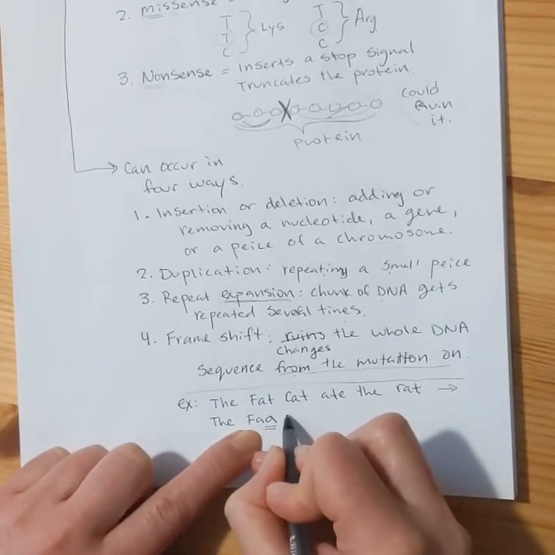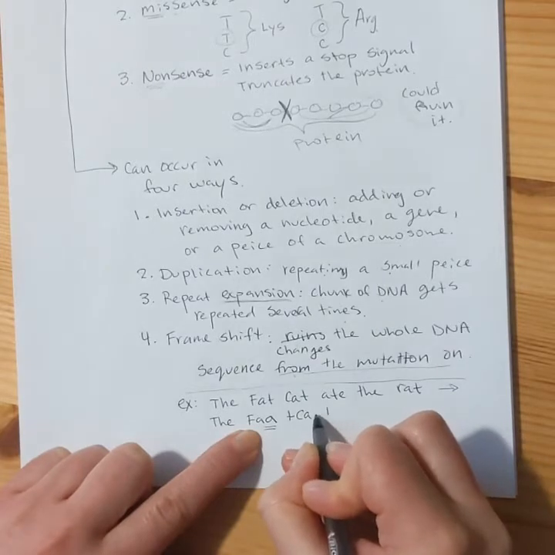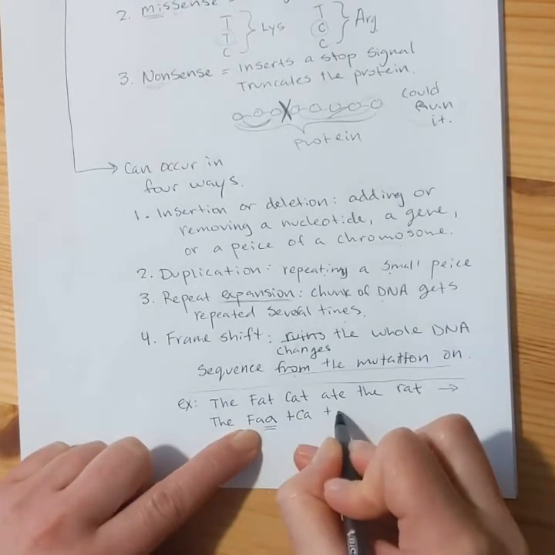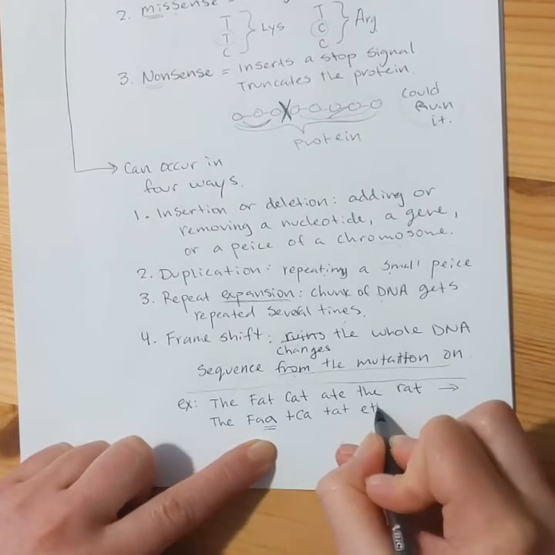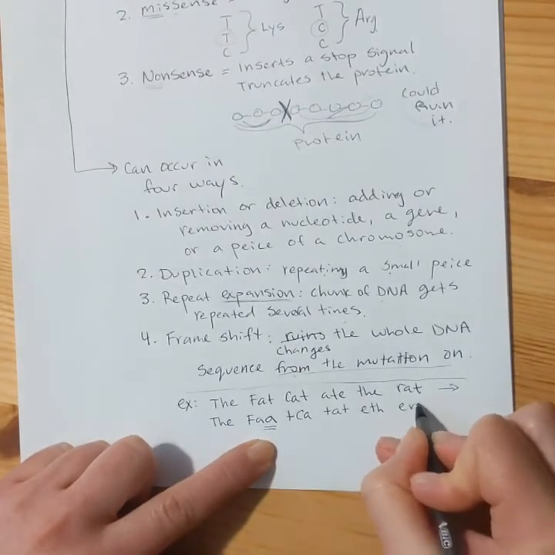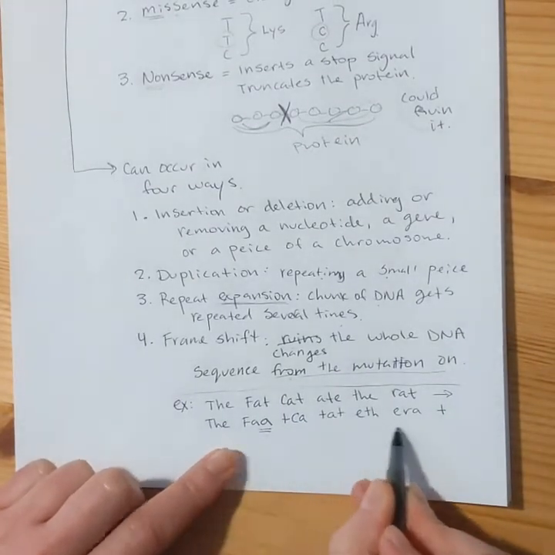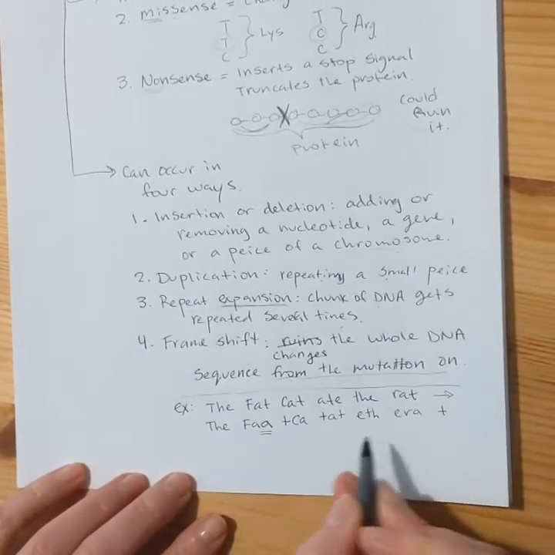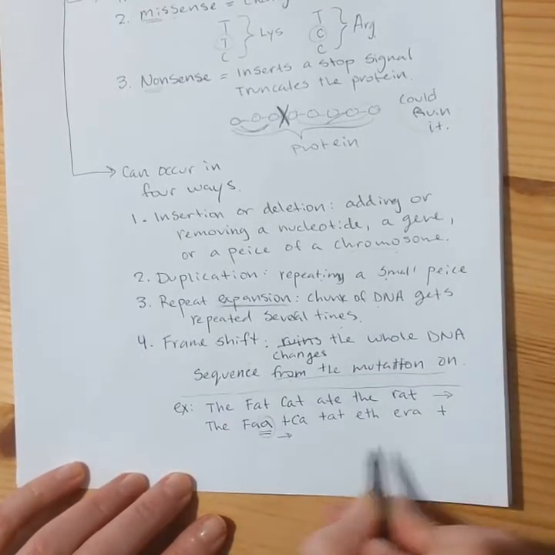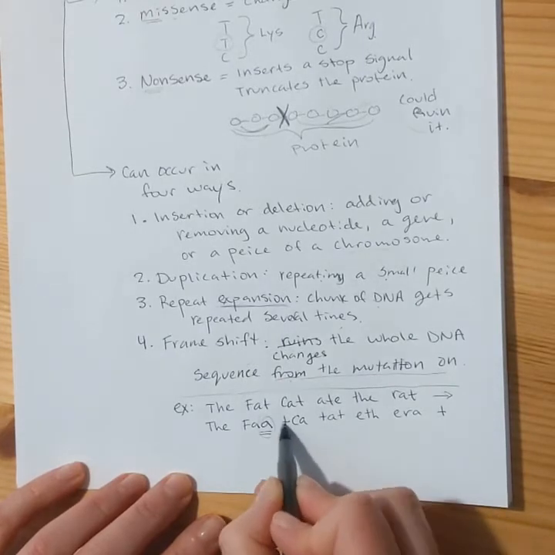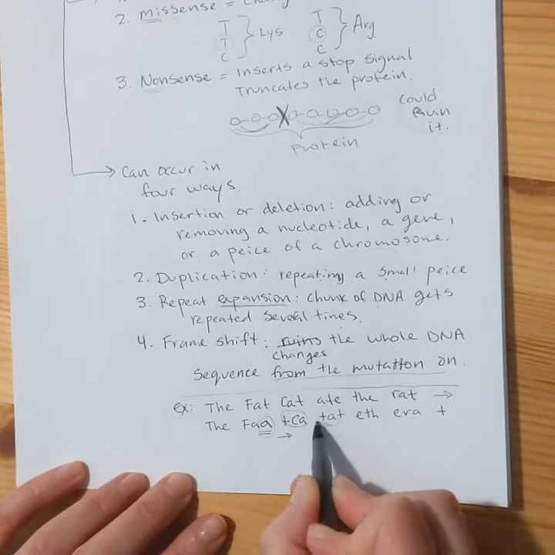The rest of my sentence ends up looking like this. Fat cat ate the rat. So you can't even tell what that sentence used to be anymore, because this insertion pushed the rest of the information down, and every single one of my codons downstream from the mutation got messed up.